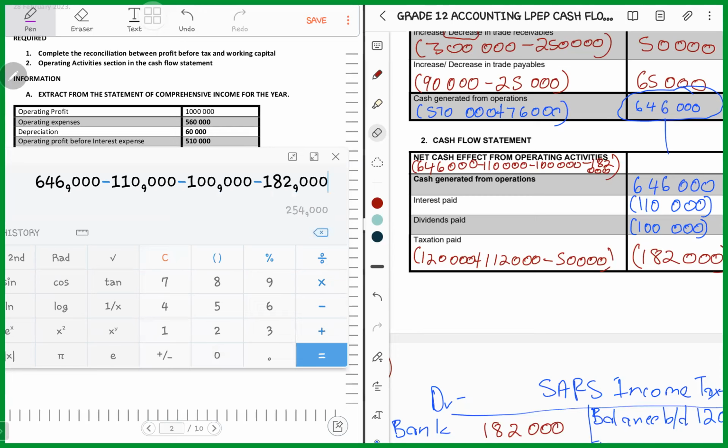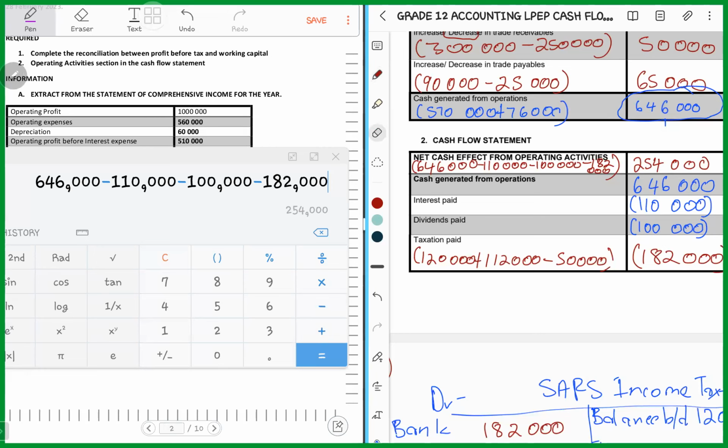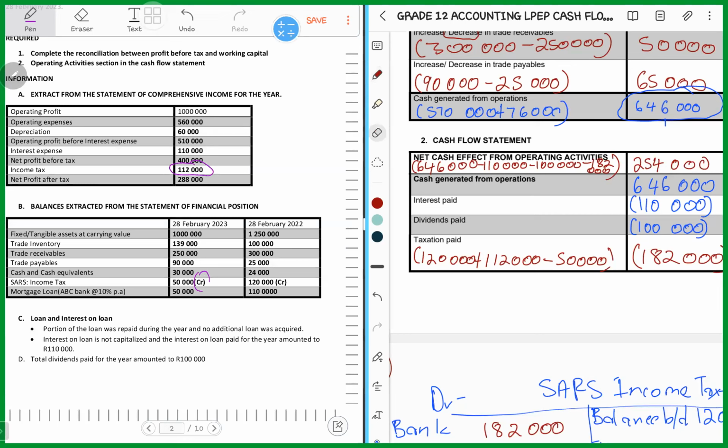Then that gives us a positive amount, meaning that the net cash effect from operating activities is an inflow of 254,000. Then that is how we calculate it.